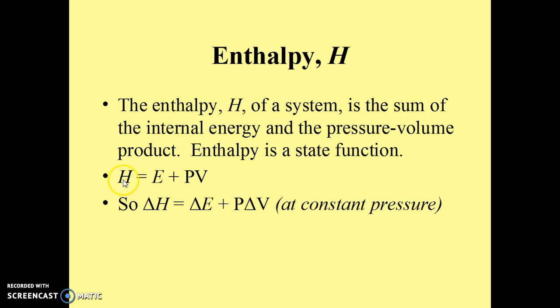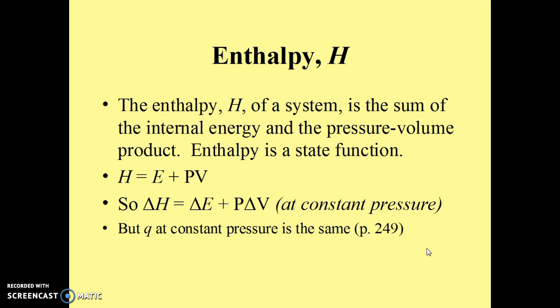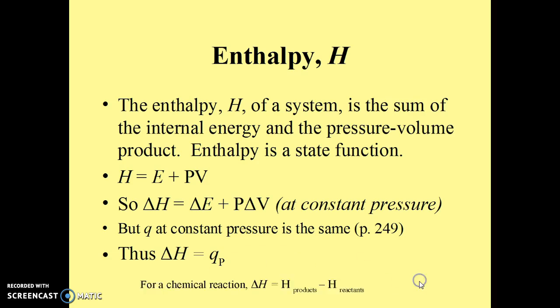So any change in H, delta H, is going to be equal to a change in internal energy plus, at constant pressure, that pressure times the change in volume. That's the enthalpy change. But at constant pressure, Q is the same thing. So the change in enthalpy is going to be equal to the heat of change in the system.